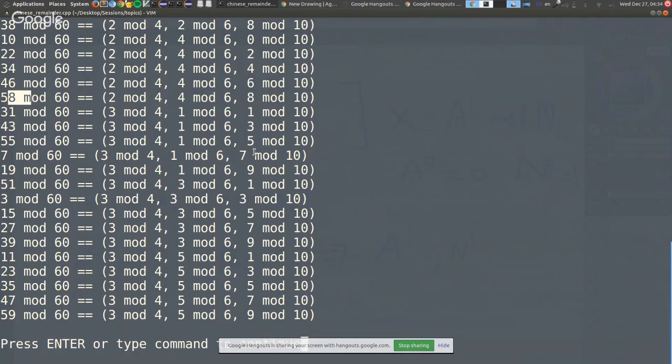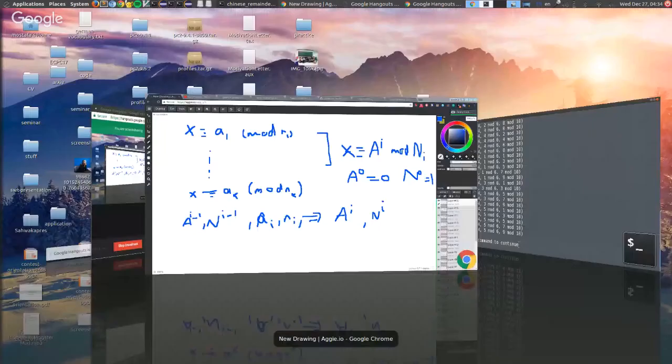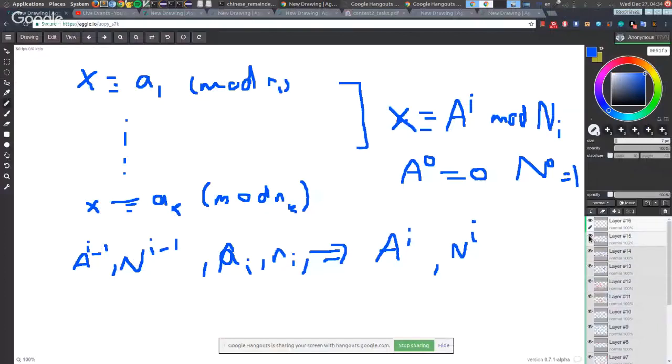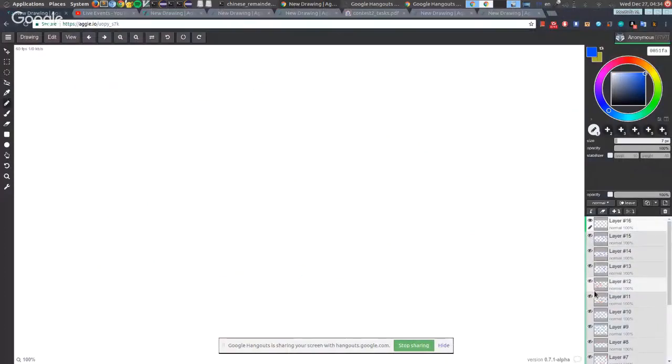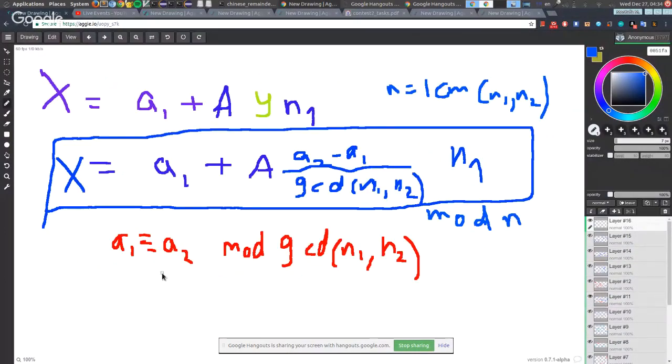So one last point here. Because of this condition which we have here, all the literature I found on the Chinese remainder theorem makes this assumption on all the n's before we even start to solve the equations.